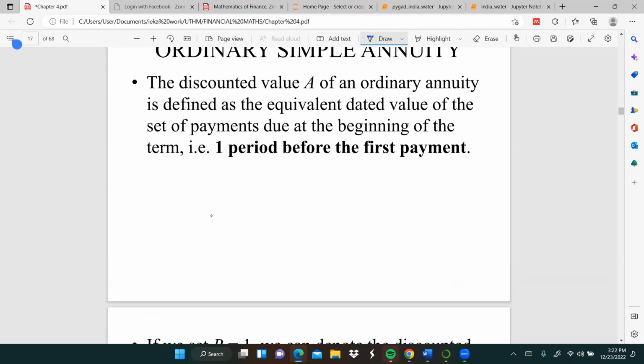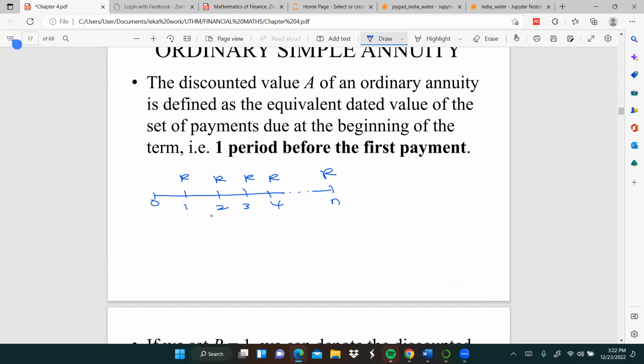So, contoh dekat sini, okay, kalau kita buat time diagram kita, okay, N kat sini. So, 1, 2, 3, 4. Okay, so payment adalah start daripada time 1.